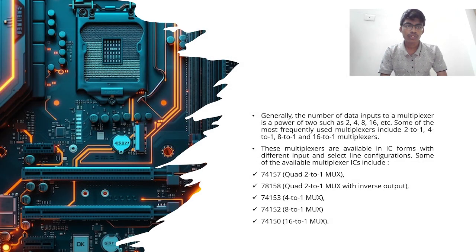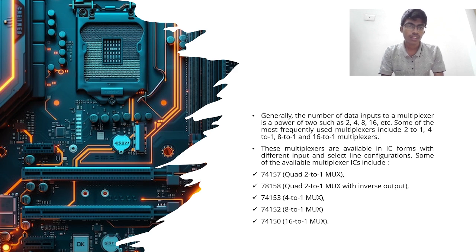Generally, the number of data inputs to a multiplexer is a power of 2, such as 2, 4, 8, 16, and many numbers of the form 2 power n. Some of the most frequently used multiplexers include 2 to 1, 4 to 1, 8 to 1, 16 to 1. These are the major types of multiplexers.